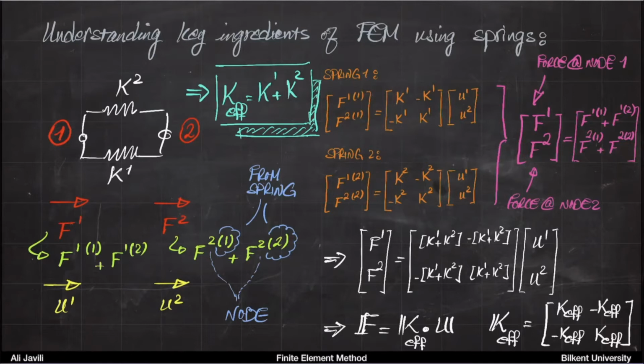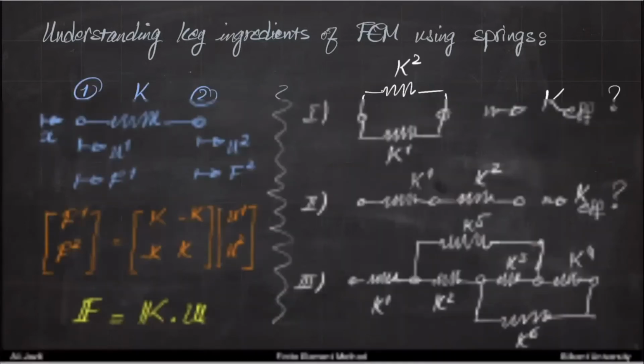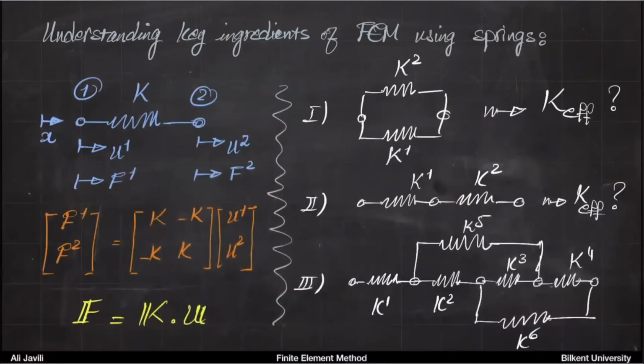Okay, so this was, say, example 1. Now we go back to that slide. So we come back to this slide. We did this. We know the answer to that. What we want to do next is system 2.